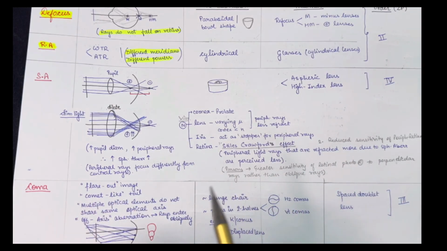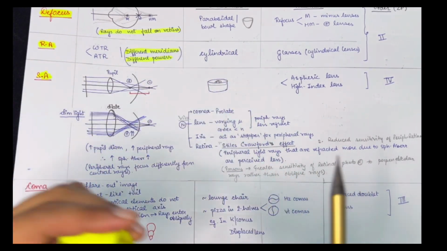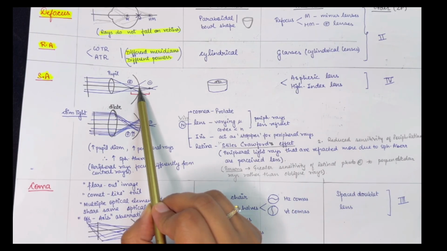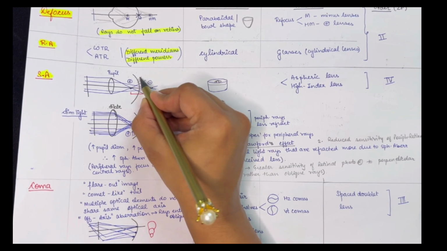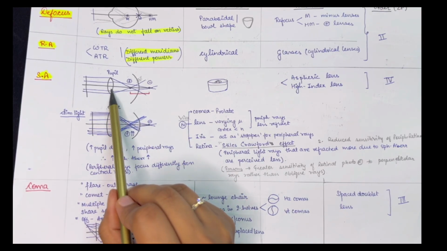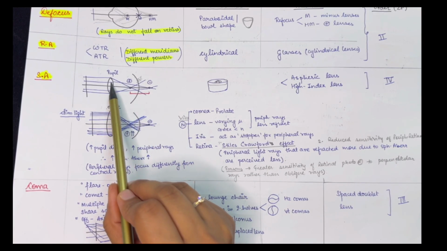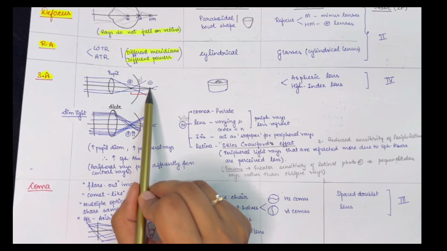What is important is spherical aberrations. Now this is important, right? So they are supposed to focus on retina, okay, but suppose 50% focus on the retina, but few paraaxial rays, they refract less and they focus behind the retina.